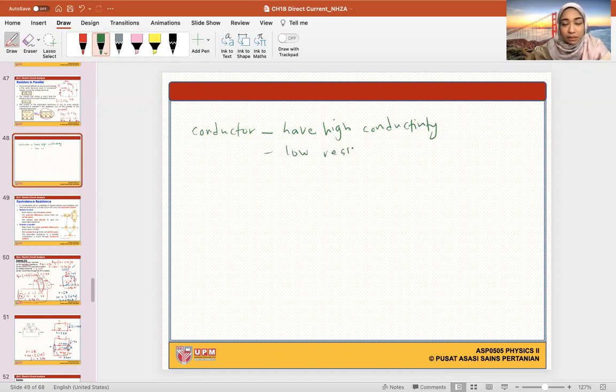What does resistance mean? It means that it impedes the rate of flow of charges. So low resistance. Okay, and then we talked about insulators.